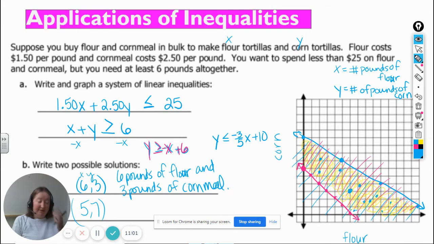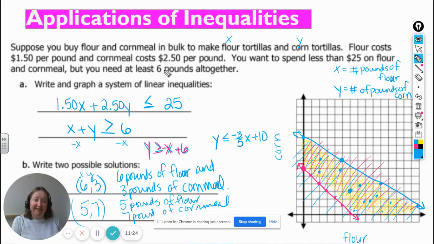It means that you could have 5 pounds of flour and 7 pounds of cornmeal. And that would also be a solution.